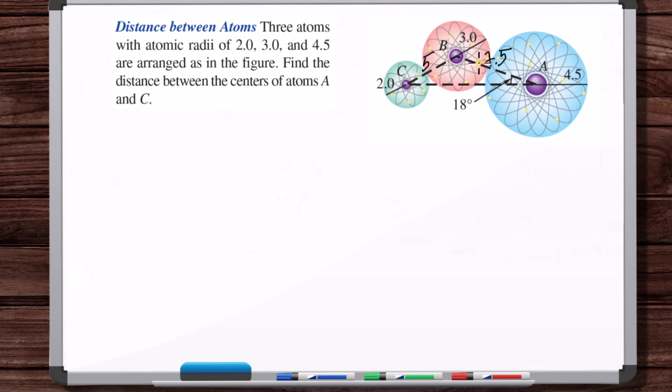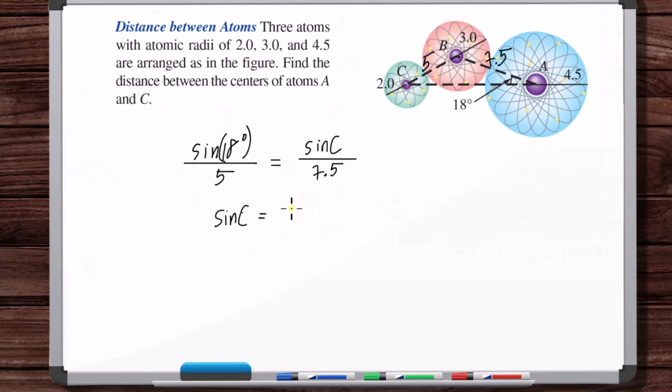But we can still set up the law of sines: sine of 18 degrees over the side length opposite of that, which is 5, equals sine of angle C over the side length opposite of that, 7.5. So one equation and one unknown. Beautiful. Let's solve for angle C.